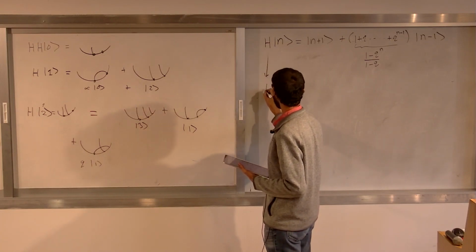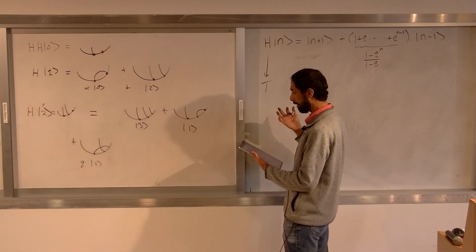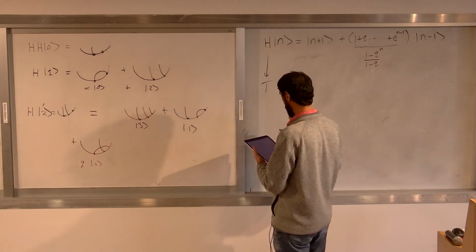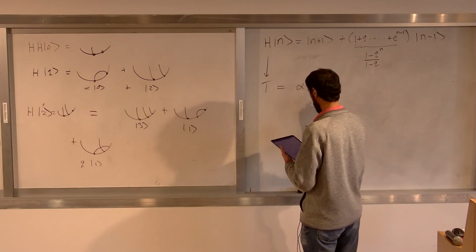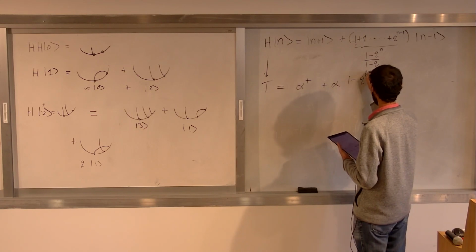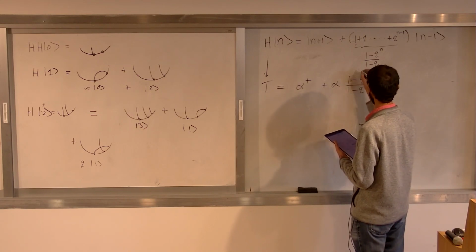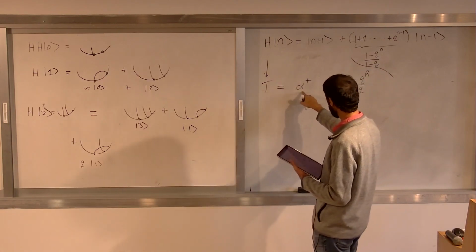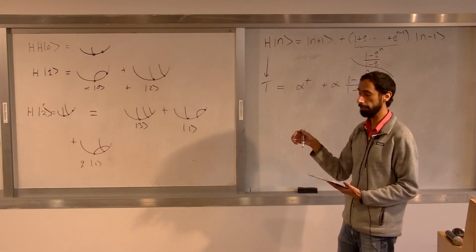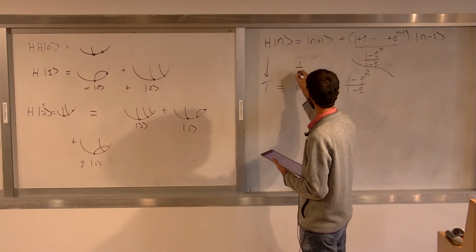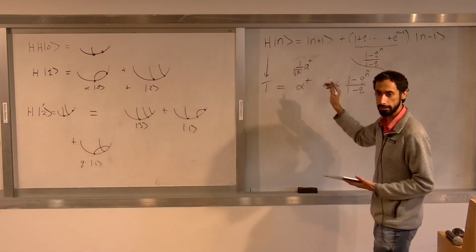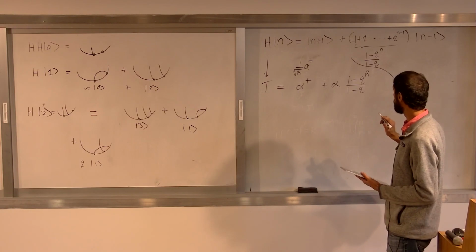Let me define that as T, a bulk matrix T for transfer matrix, which has the following form: alpha dagger plus alpha times 1 minus q to the n hat over 1 minus q, where alpha is just a shift operator. So it's like the creation operator, but without the square root n. Or to write it explicitly, alpha dagger is 1 over square root n hat times the standard a dagger.